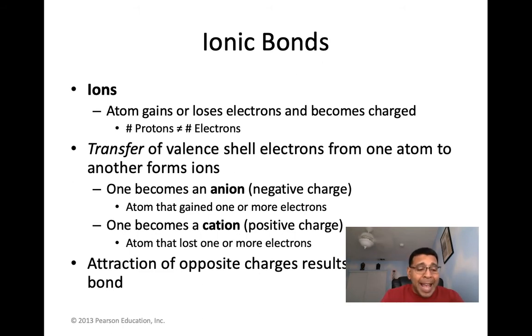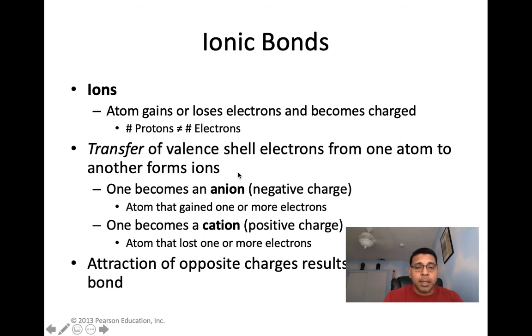Now I want you to know the atom that gains one or more electrons is the electron acceptor. Because it accepts electrons, it gets a negative charge and is called an anion.